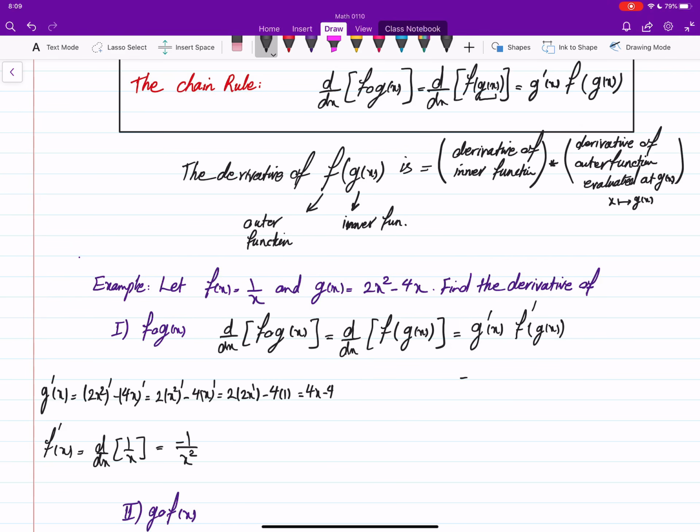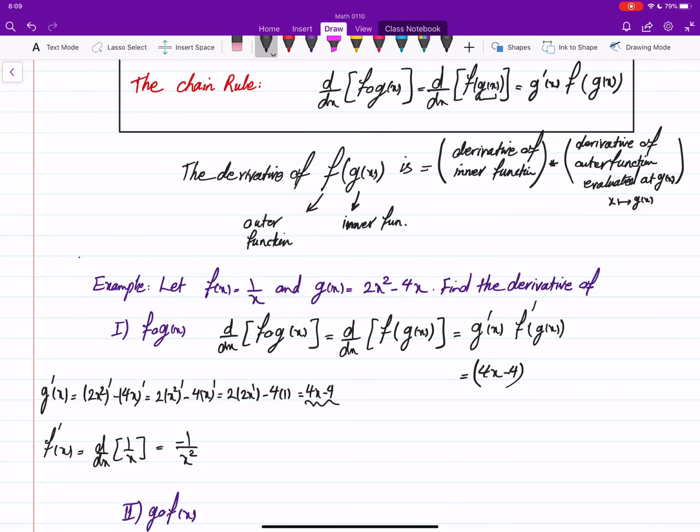I need the derivative of the inner one, which is 4x minus 4, times the derivative of the outer one. Don't put it just like that. This is not correct. You have to compose f prime with g(x).